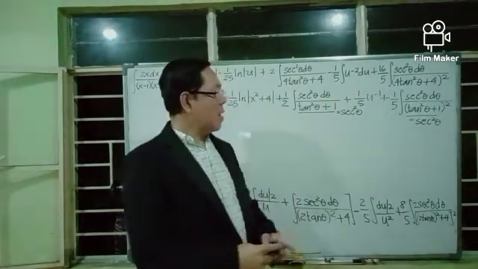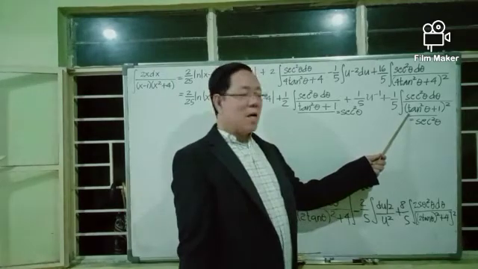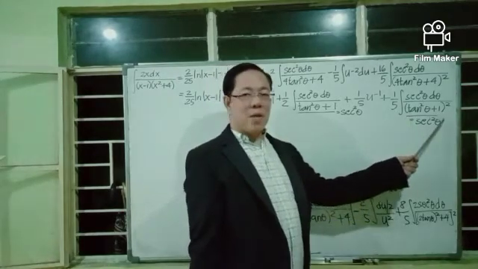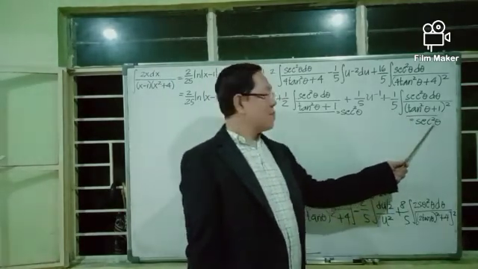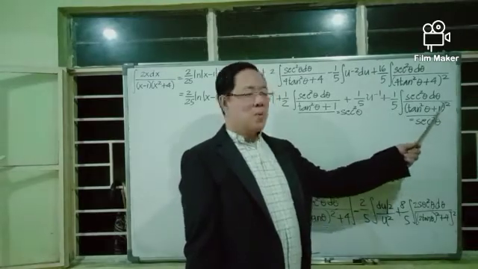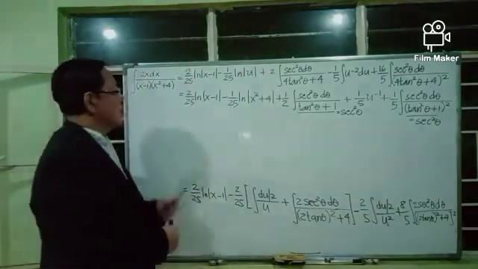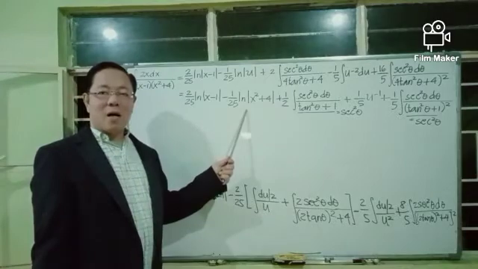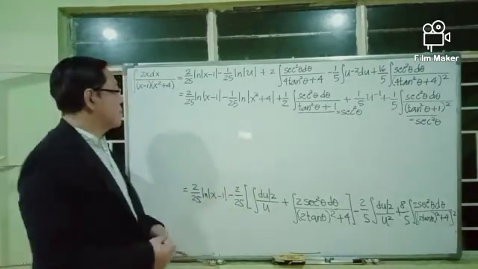And again, by the Pythagorean identity, the square of tangent theta plus 1 equals secant squared theta raised to the power 2. The first and the second terms are as is, the same.